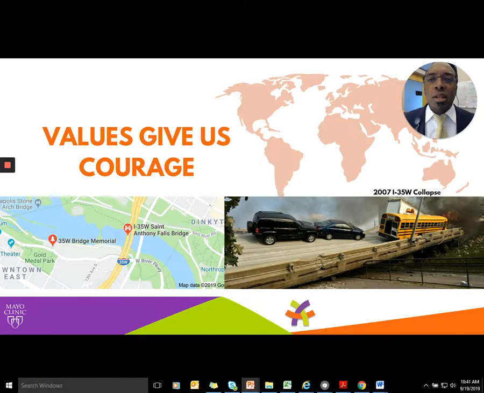I also want you to recognize that our values give us courage. Even in the face of not having enough resources or skills or ability, we still can act courageously based on our values. This is a picture of the 35W bridge collapse back in 2007. For those of you who are not from this area, this collapse happened over the Mississippi River. There was lots of chaos and the feeling of danger going around.